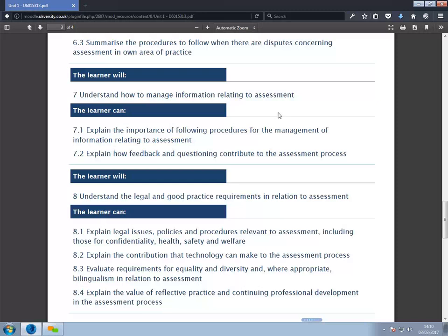They will share that information, or the assessor will share the information with the IQA and the candidate, and that is all. All the feedback that you give the candidate or the learner has to be recorded, and any questioning or written questions as well will contribute to knowledge evidence that will go with the particular process that's being assessed.